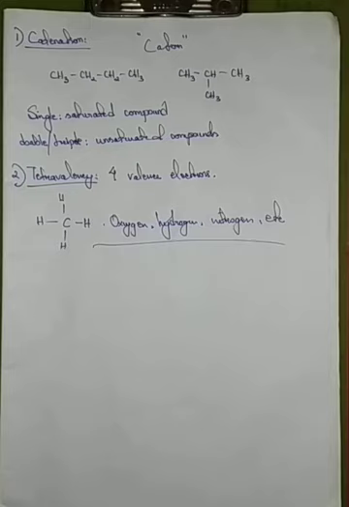Remember, the bonds that carbon forms with other elements are also very strong, making the compounds very stable. This enables the nucleus to hold onto the shared pair of electrons strongly when carbon shares its 4 valence electrons to form covalent bonds instead of losing or gaining electrons. And therefore, this is the versatile nature of our carbon atom.